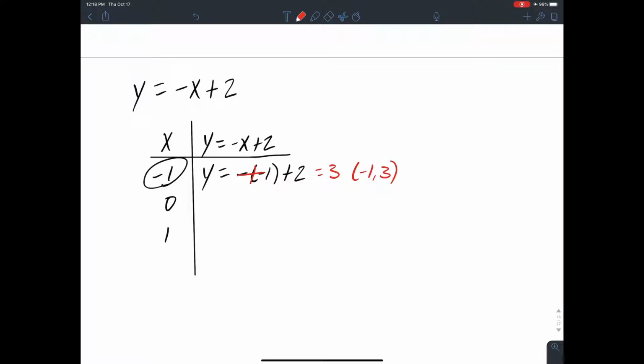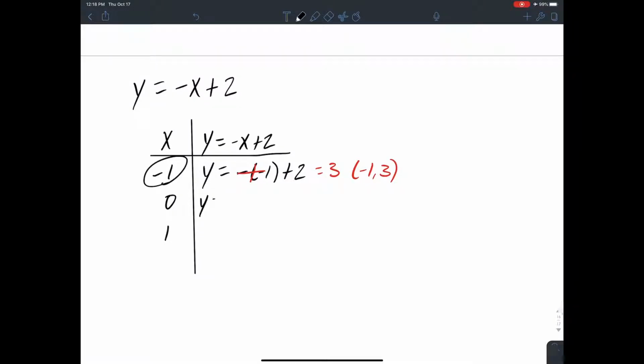Okay? Now I'm going to go ahead and do 0. Y equals negative 0 plus 2. Well, negative 0 is just 0, so it just leaves you with 2. So this point here is 0, comma 2.